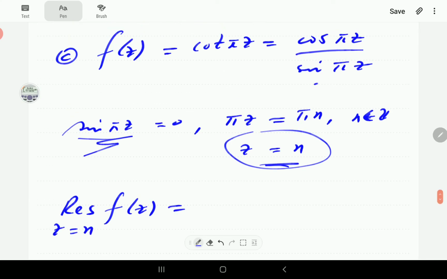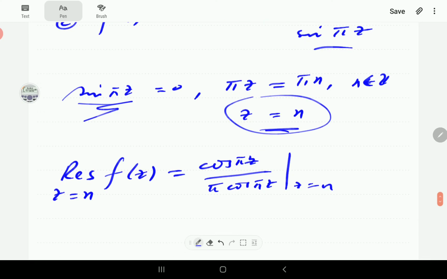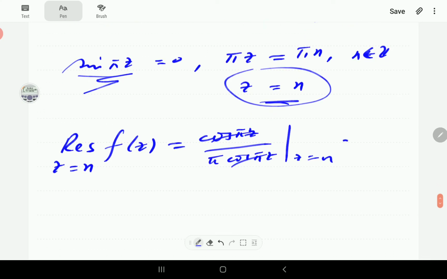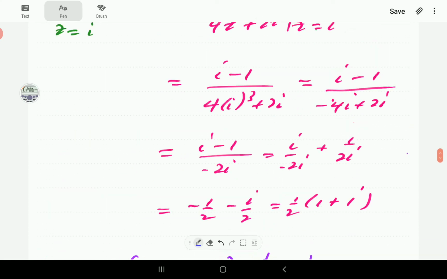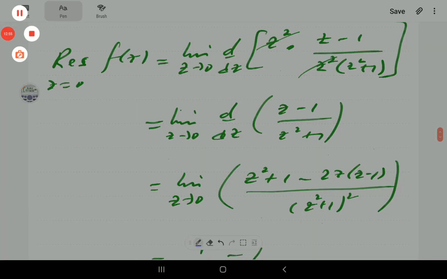We're going to have to differentiate this. So cosine pi z, derivative of that, it's going to be pi cosine pi z. Now this cancels out, so actually this does not depend on z. So the residue is simply going to be 1 over pi.